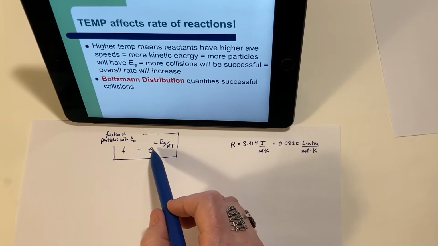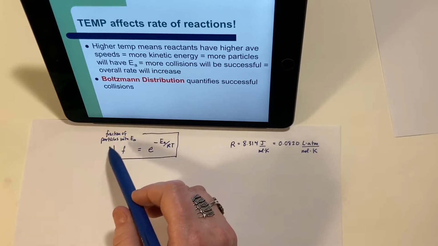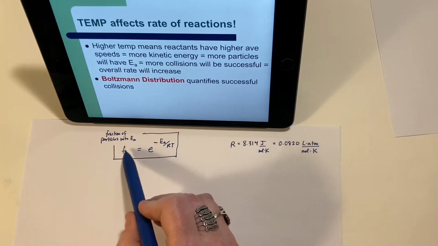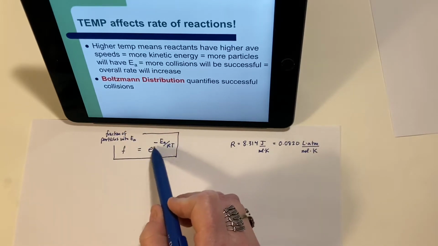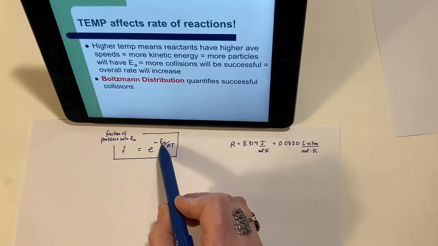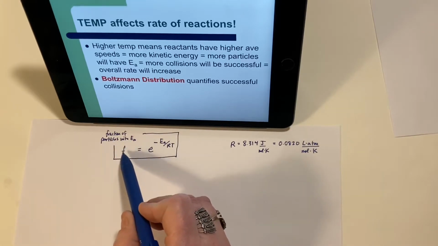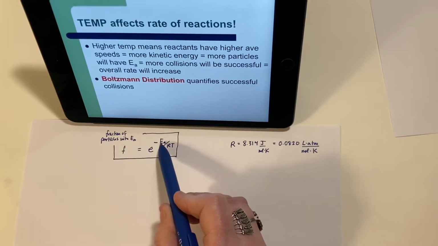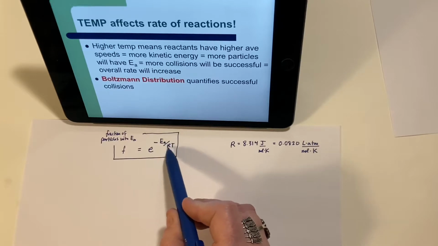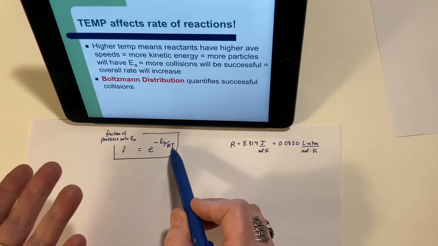So this is it. The Boltzmann distribution quantifies the number of successful collisions. It's saying, hey, if you plug in some value for energy, a particular activation energy, into the function, this calculation will give you the fraction of particles with that activation. So we have negative activation energy over RT. T is the temperature because temperature matters.